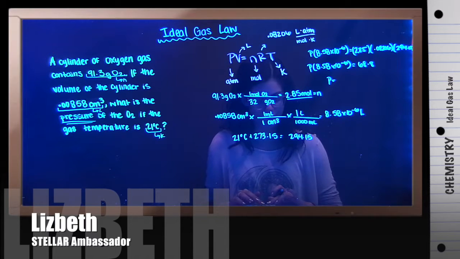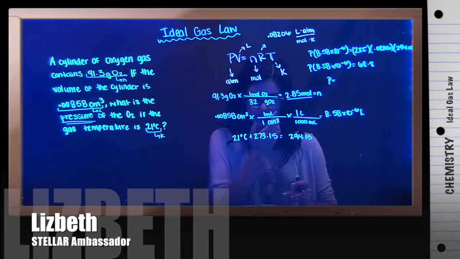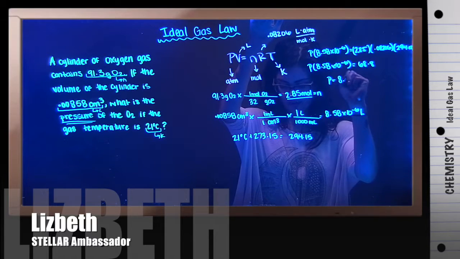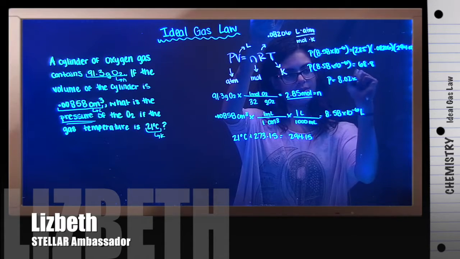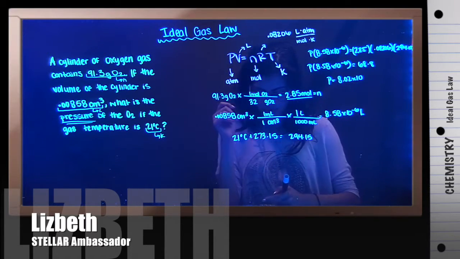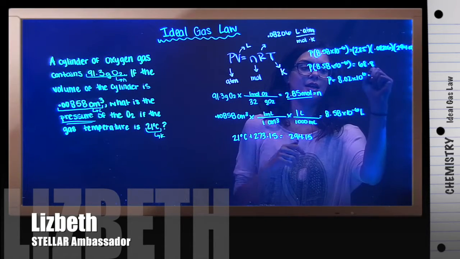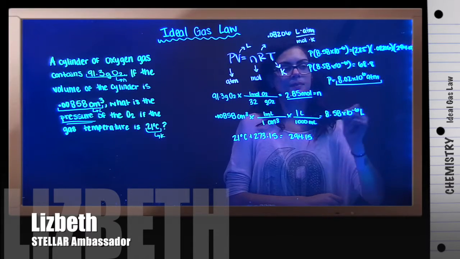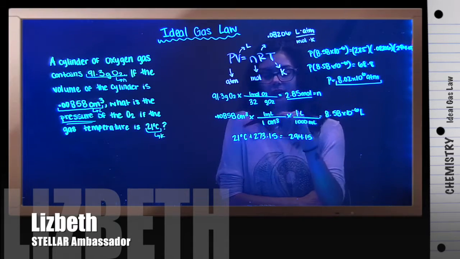Parentheses are your friends. That gives me a crazy large value. I got 8.02 times 10 to the 6 atmospheres, which is crazy high. But that's okay because our volume was very low.